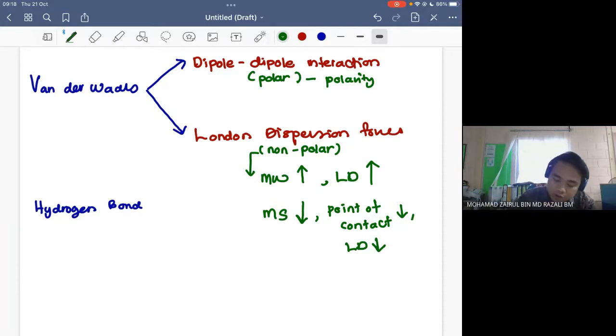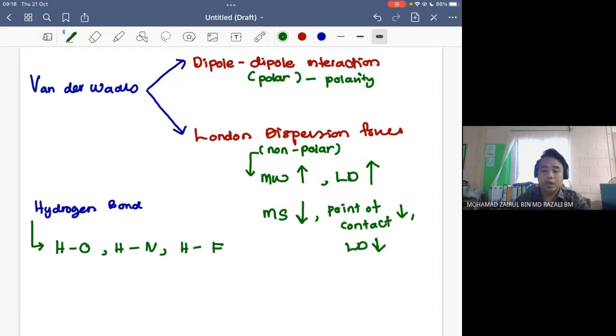Okay, so hydrogen bond. Hydrogen bond is the type of dipole interaction. However, hydrogen bond is a special type of dipole because hydrogen bond only formed between hydrogen with oxygen, hydrogen with nitrogen, and hydrogen with fluorine only. Okay, so there are few factors that will affect the strength of hydrogen bond.